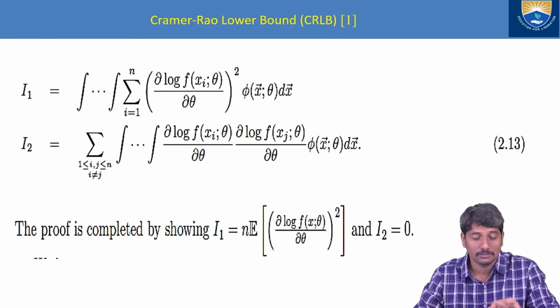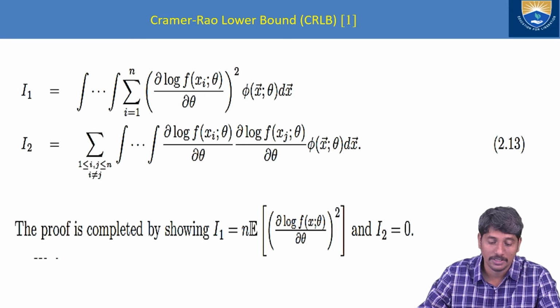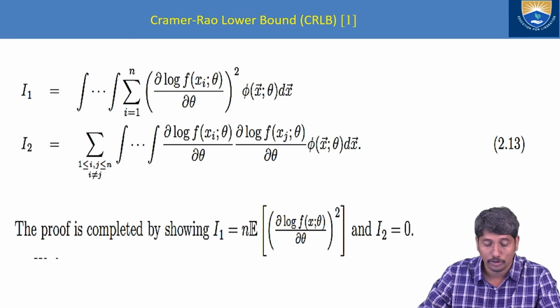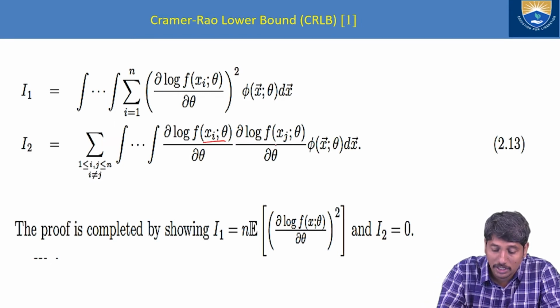See, I1 is nothing but n times the integral of the summation of i equals 1 to n of (dou by dou theta of log of f of xi comma theta) whole square, and I2 is nothing but the summation over i comma j of n times the integral of dou by dou theta of log of f of xi comma theta into dou by dou theta of log of f of xj comma theta, times f of x.